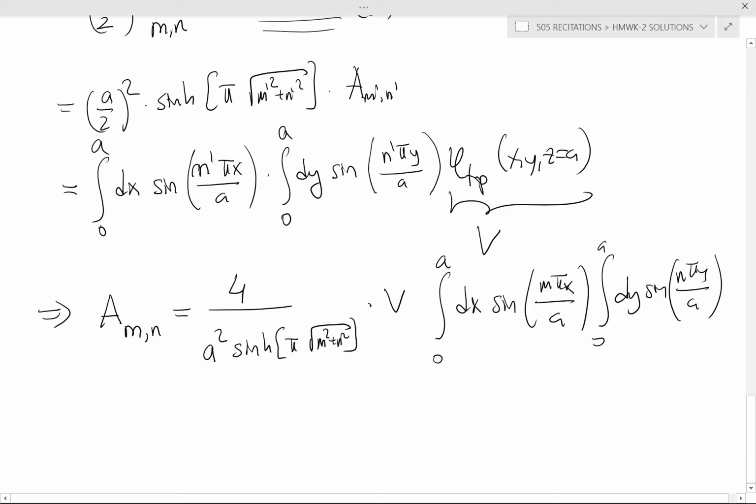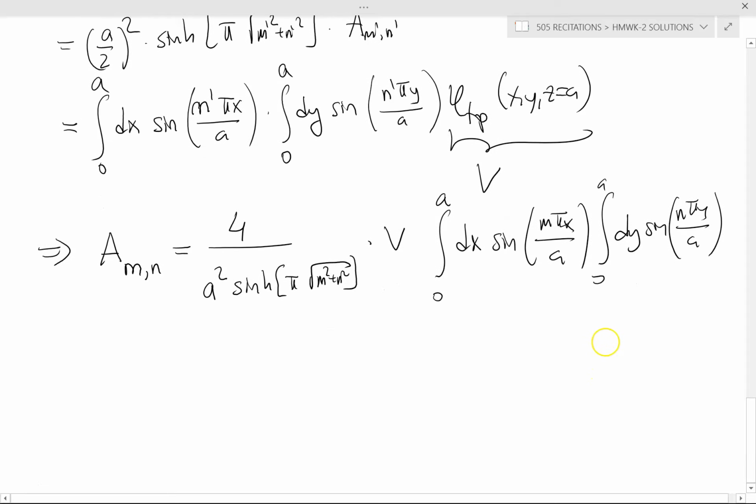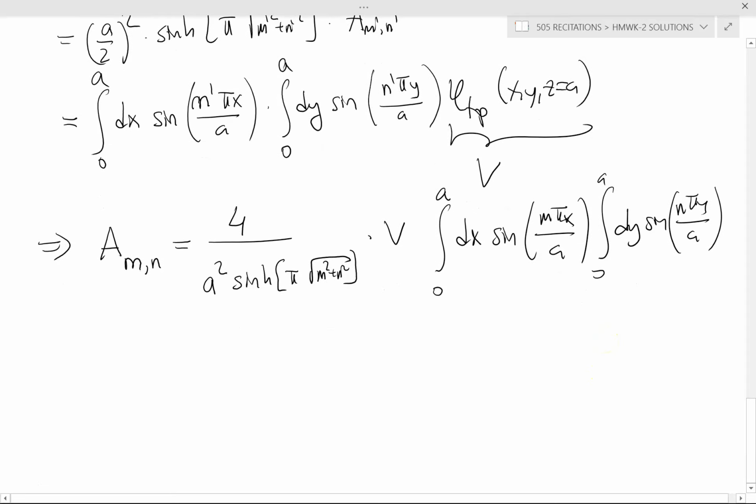And if you like, we can go over it, but I will not separate some time for this calculation. This integration is nothing but equal to a over m pi multiplied by 1 minus minus 1 to the power of n, and similarly this integral too. But in this case it is equal to m.